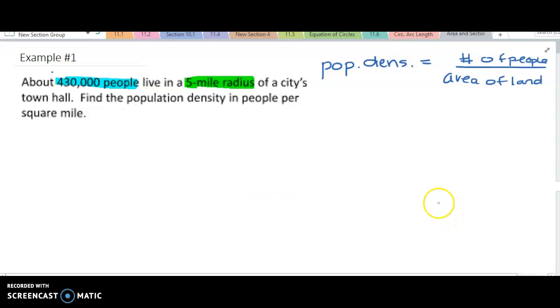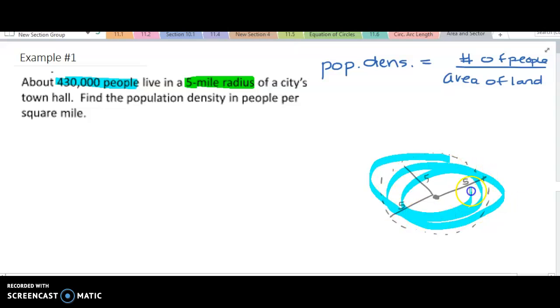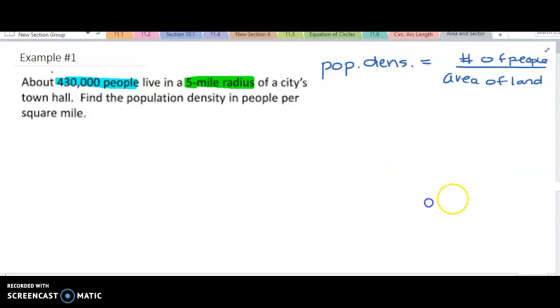Just to visualize this, if this is the town hall, we know that almost 500,000 people live within a 5-mile radius from here. Suppose this is a circle that has a 5-mile radius here, here, and here. So the 430,000 people are how many people live inside of that circle. That's why we use the circle formula when we find the area of the land.